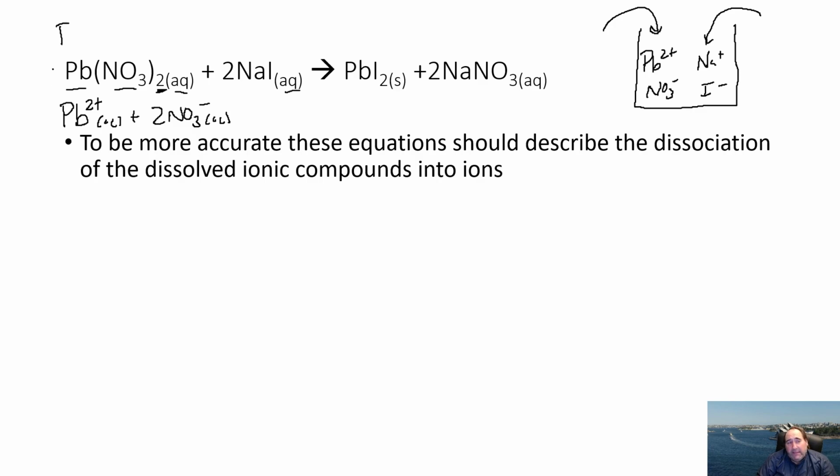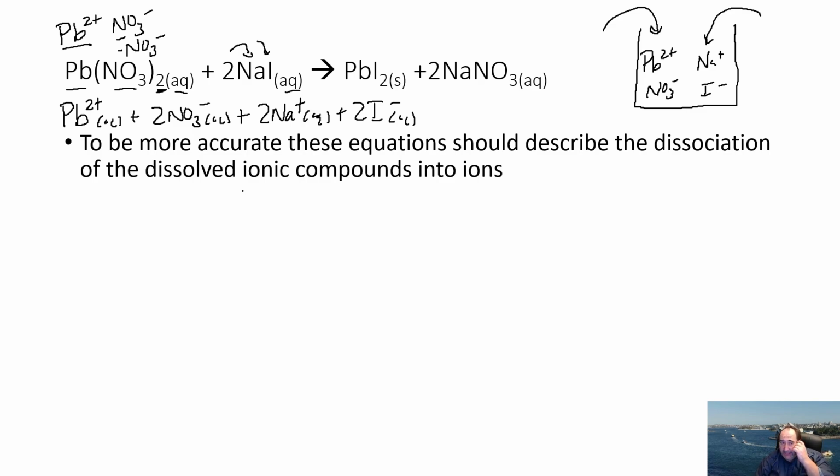That's because if we break up all the ions that are present, that is basically what we've got going on: 1 lead and 2 nitrates. This is sodium iodide, which is also a strong electrolyte, and it will give us 2 sodium ions and 2 iodide ions, because this 2 will get distributed to both of the guys behind it.